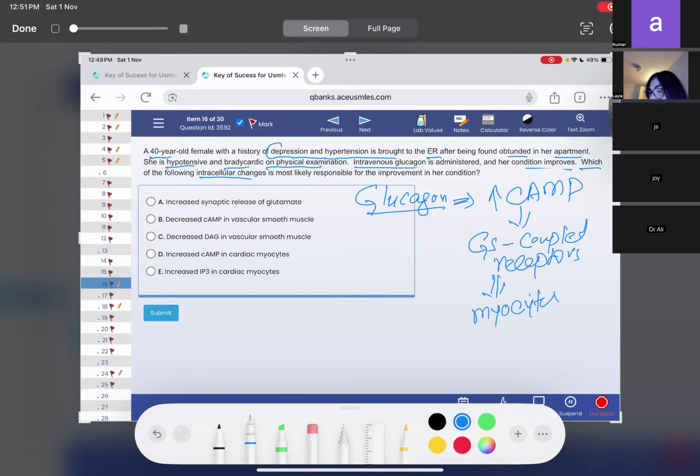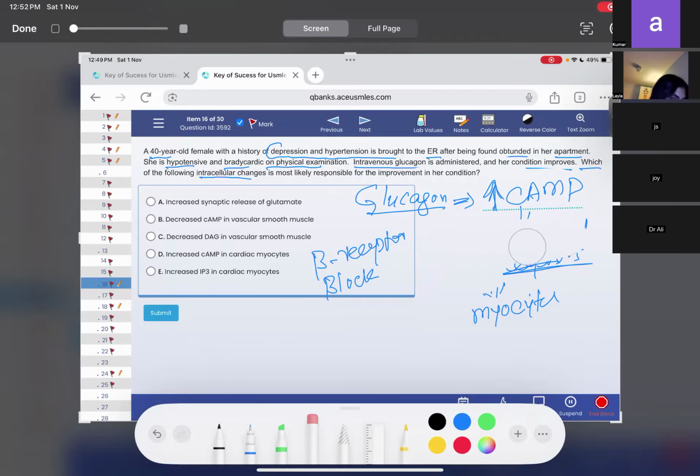Not through the beta receptor, because beta receptors are blocked by beta blockers. So it will work through a Gs-coupled receptor in a myocyte that will activate adenylate cyclase and increase cyclic AMP level, independent of the beta adrenergic receptor.